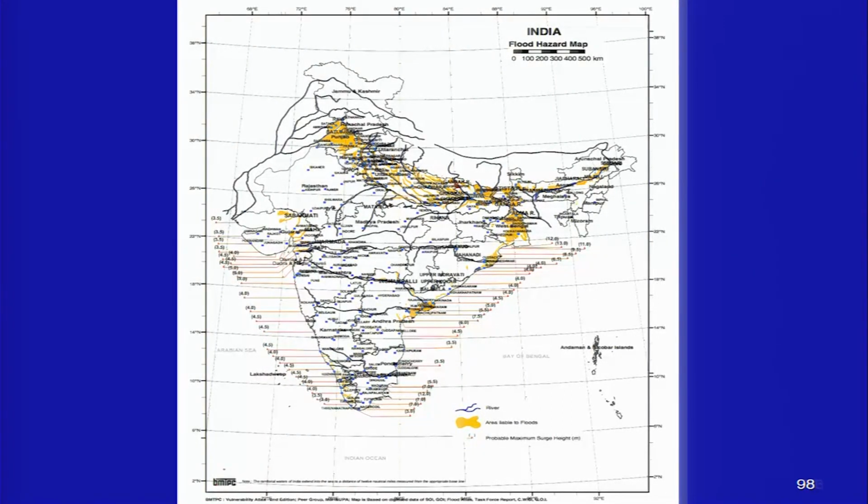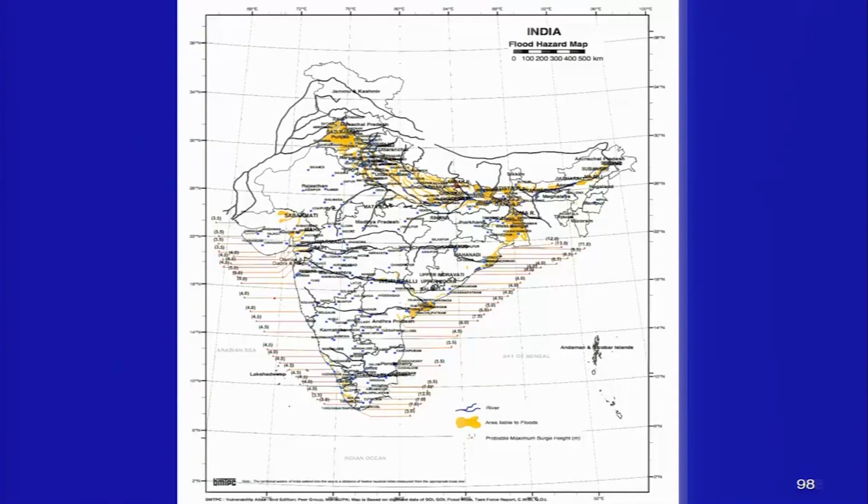Most of the maps are from BMTPC. This shows the records of the wave heights and what the flooding conditions may be during high waves. These are the recorded wave heights along this area, given here in numbers.